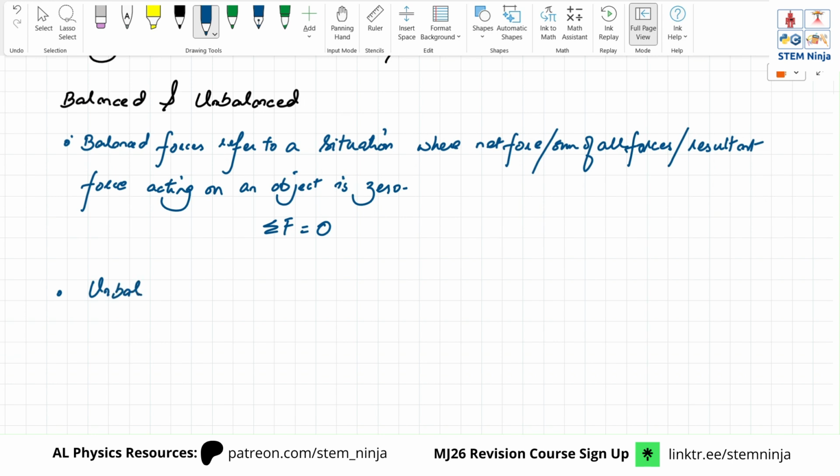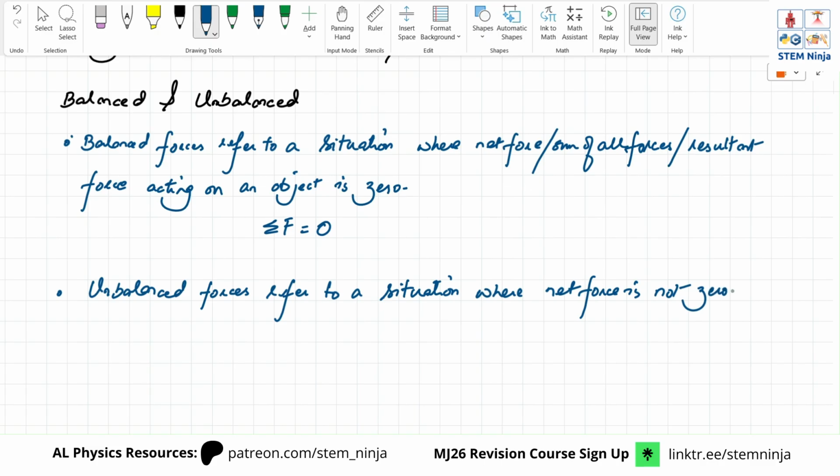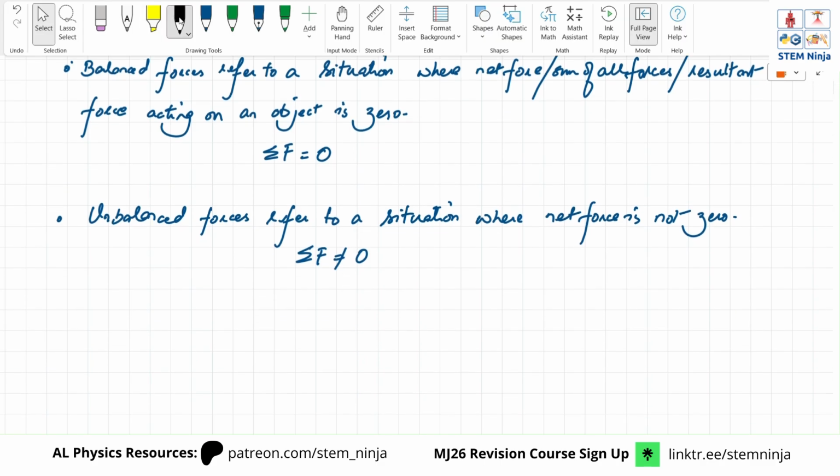Unbalanced forces refer to a situation where, I'm just going to shorten it now, net force is not zero. We already know that force causes a change in motion, or it can cause deformation.